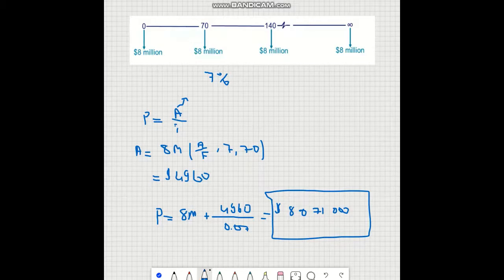As you see, 71,000 is a very small amount of money. Of course, it doesn't seem to make sense. But we can see that 8 million after 70 years is not going to be the same thing.